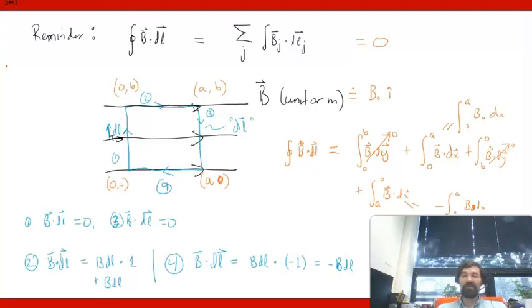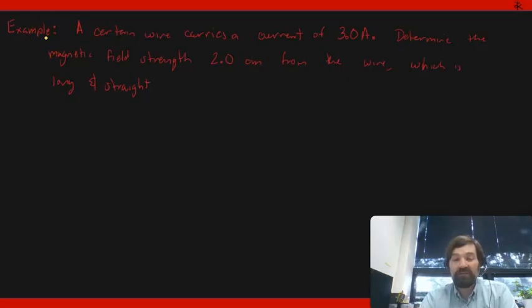And again, there's no current enclosed, so that matches with what Ampere's law says we should get. Alright, let's close this video with another example that's a little less conceptual and more like actually doing an example. So you have a wire with 3 amps of current, and we want to know what the magnetic field strength is 2 centimeters from the wire.